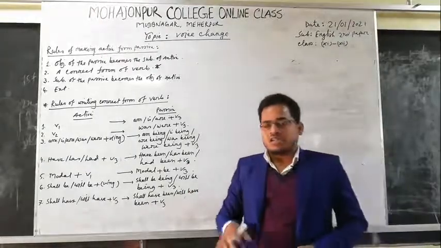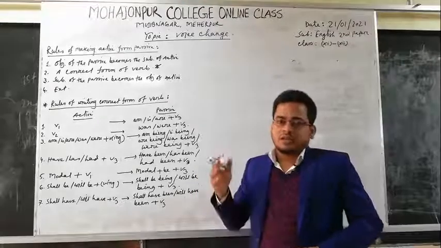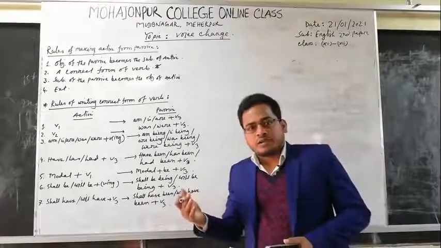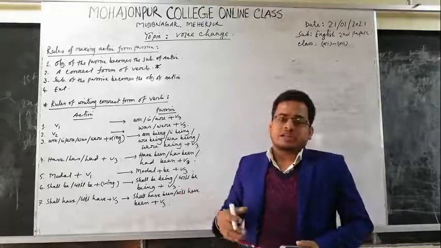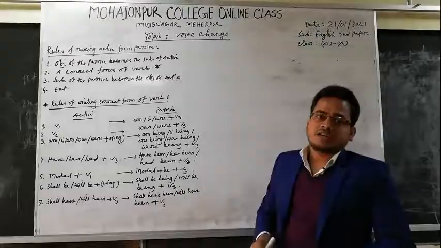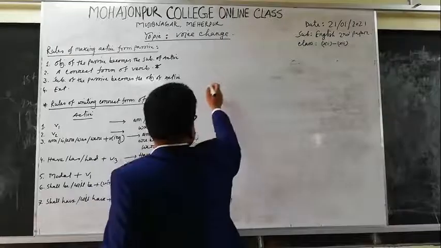I repeat it, if there is no object in the passive voice, then if you make that passive into an active, then you have to write an appropriate subject according to the meaning of the passive voice. Okay, now look at the example, my dear students.